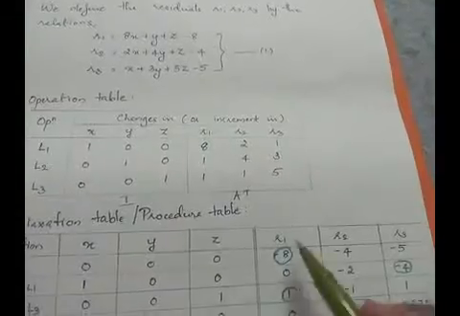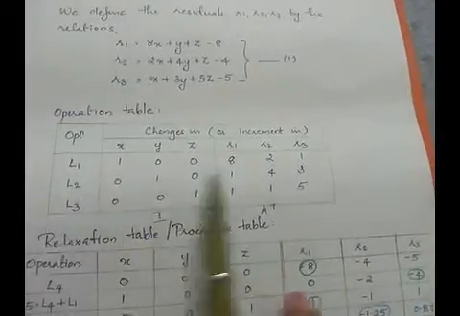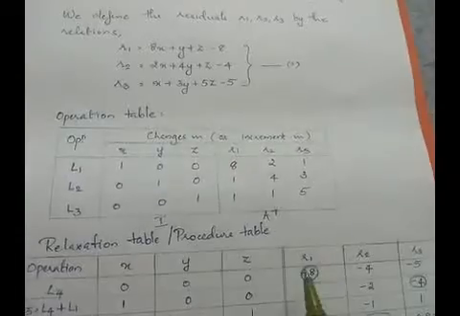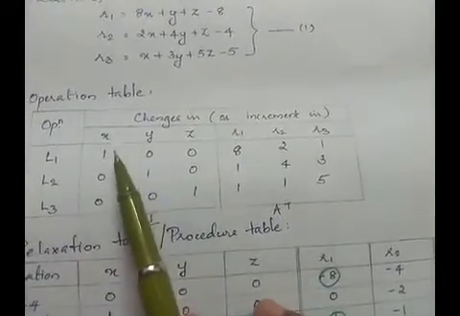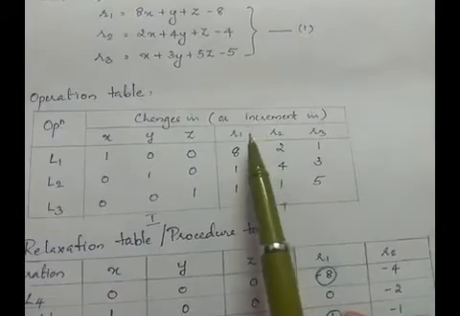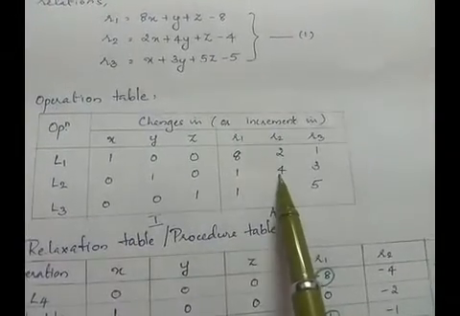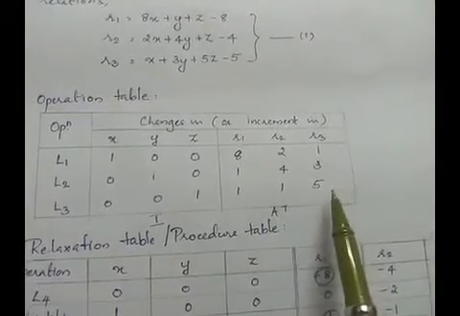Okay, so we have -8 here, and looking at the operation table, we have to choose a row from the operation table which will reduce R1 maximum. So we know that in the first row, for a unit change in x, R1 is reduced to the maximum, and in the second row R2 will be reduced to the maximum, and in the third row R3 will be reduced.